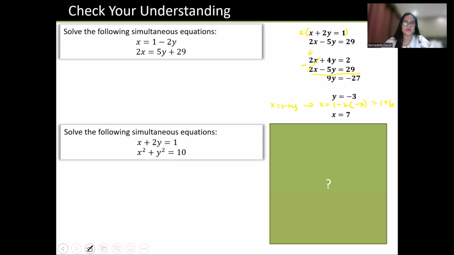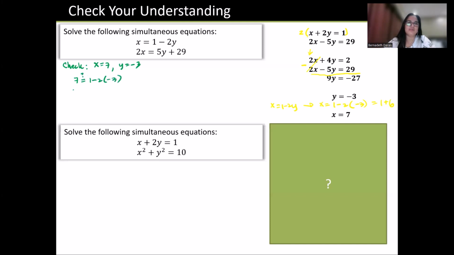Now again, don't forget to check. If you don't feel confident with your answer, you can always check. So again, our solution is x is equal to 7, y is equal to negative 3. Substitute that to the first equation. We have 7 is equal to 1 minus 2 multiplied by negative 3.